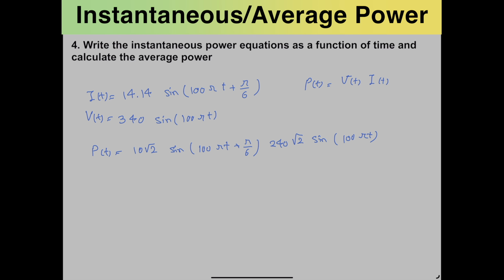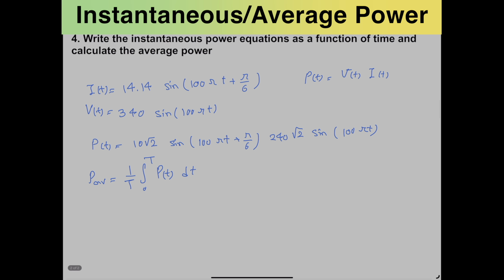Now, in order to calculate the average value, what we can do is P average is going to be the integration of p of t across a period divided by that period. So essentially, that is going to give us the average value of any time domain signal.